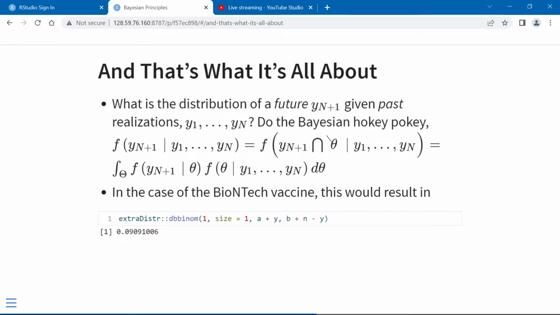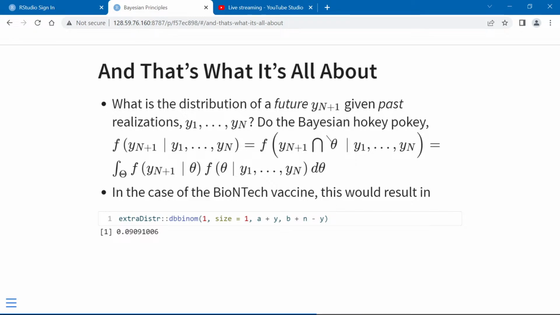In the case of the BioNTech vaccine, this integral can be done analytically. We get the probability of someone who has COVID being vaccinated, just one person who has COVID. What's the probability they're vaccinated? It would be like 9%.